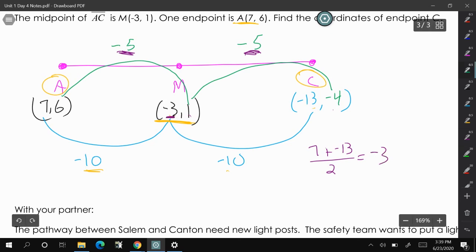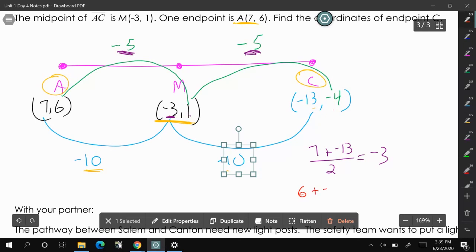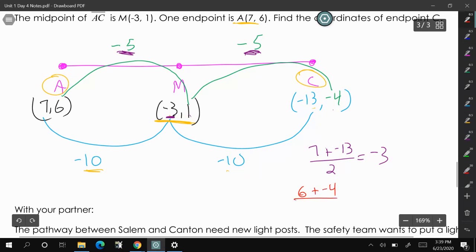You do the same thing for the y coordinates. You do 6 plus -4 divided by 2, you will get +1, which is what the midpoint given to us was. So you don't have to do that every single time to check your work, but it is a possibility.